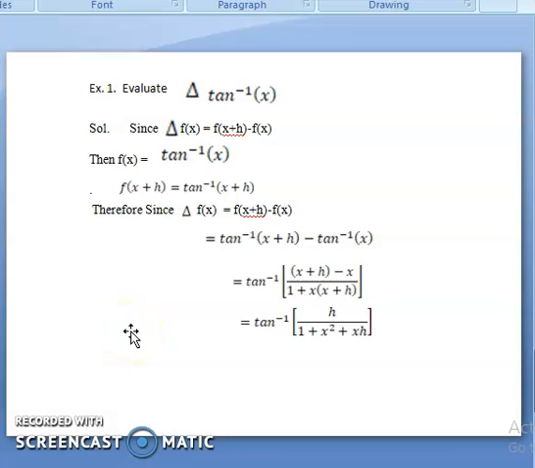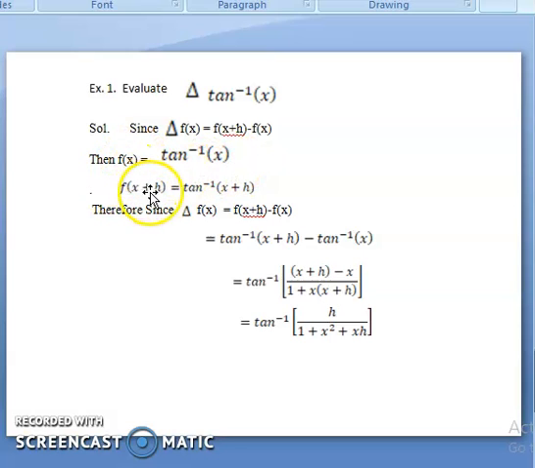Now take an example. Evaluate del of tan inverse x. By the formula, del of f(x) equal to f(x plus h) minus f(x). So consider the given function f(x) equal to tan inverse x.